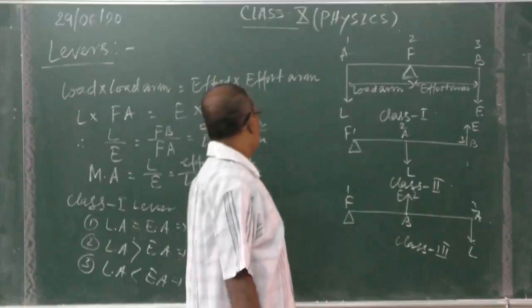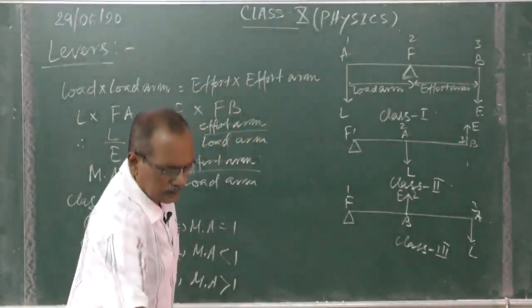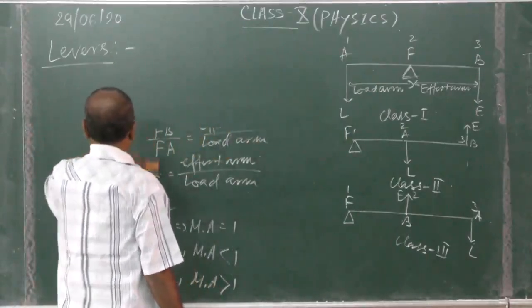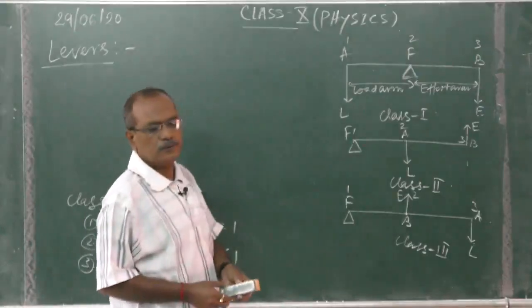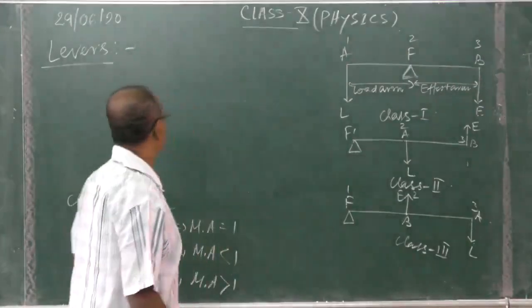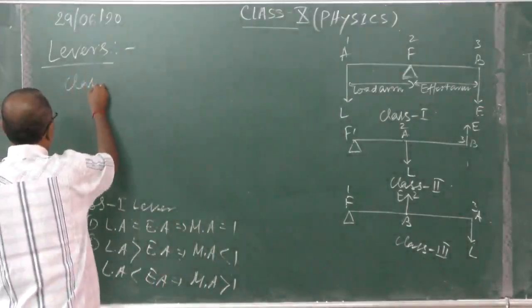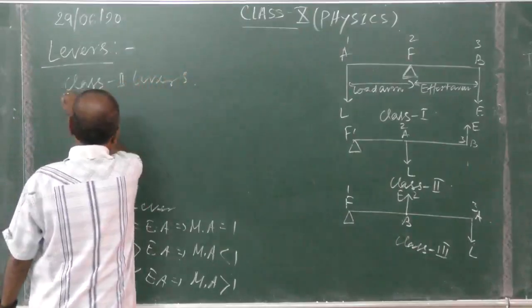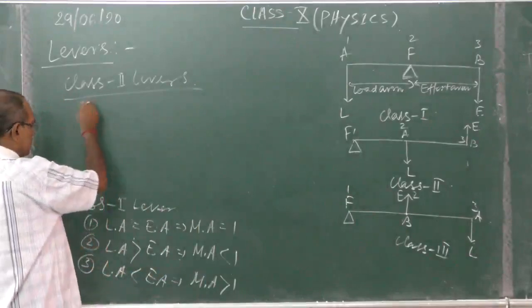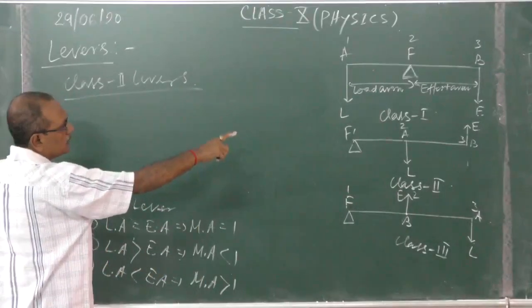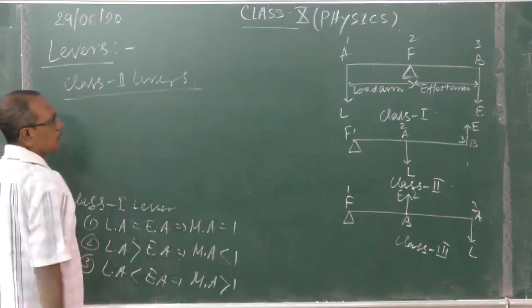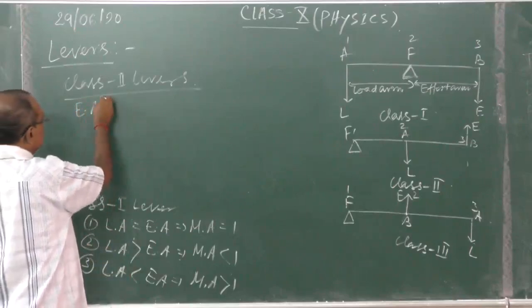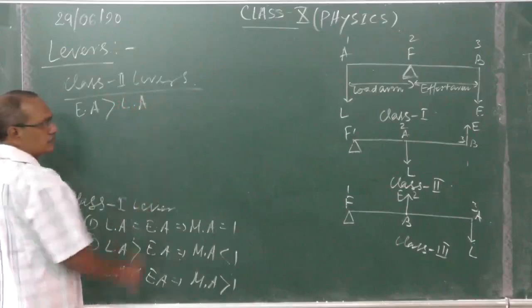Now for class 2 lever, effort arm is always greater than the load arm.